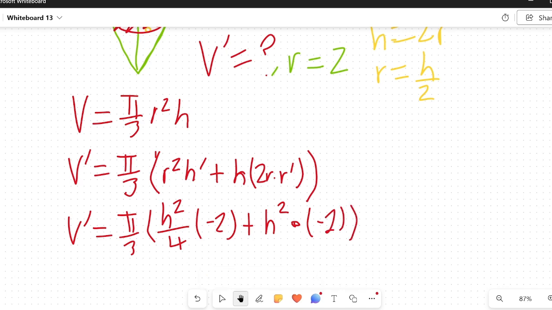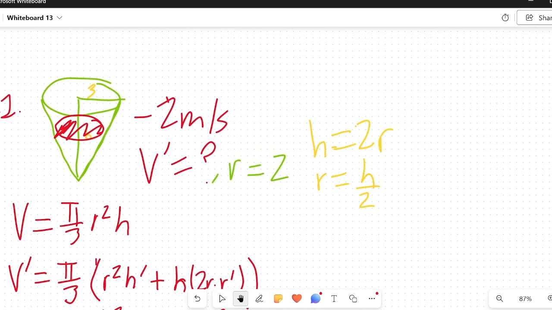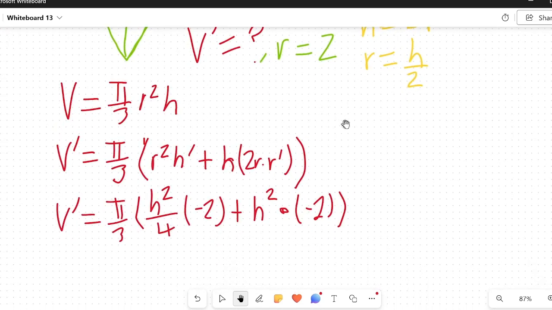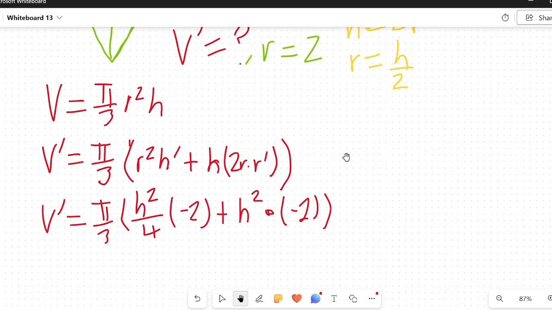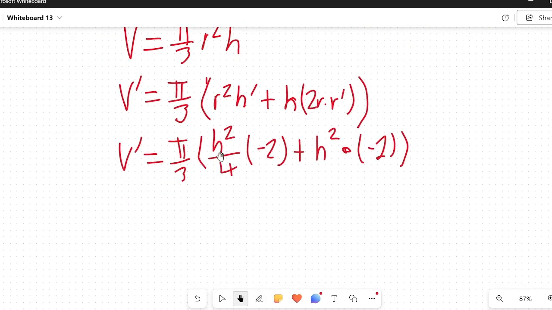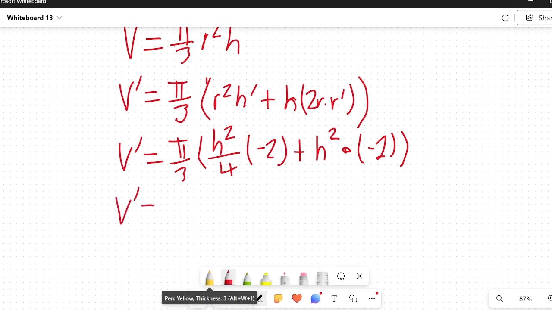When the radius is 2, because the radius is half the height, the height is going to be 4. So if we plug in, this is going to be negative 8 plus, with height 4, minus 16 actually.